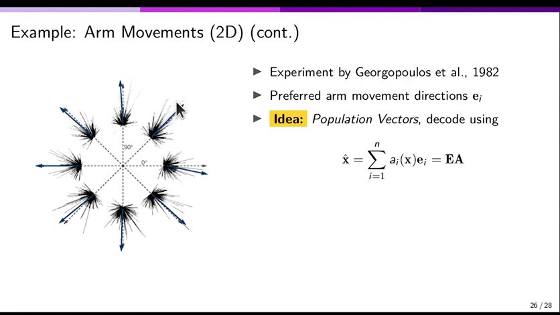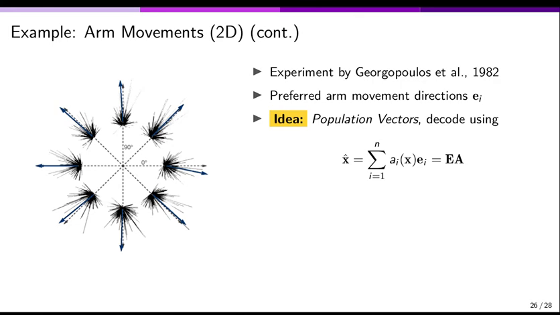But the way that Georgopoulos decoded was not what we were doing. It's almost exactly the same setup. We've got a bunch of neurons. They've got different firing rates. The firing rates are going to be maximal for some particular direction. But Georgopoulos did not do the step that we did of saying, okay, let's solve for the best decoder.